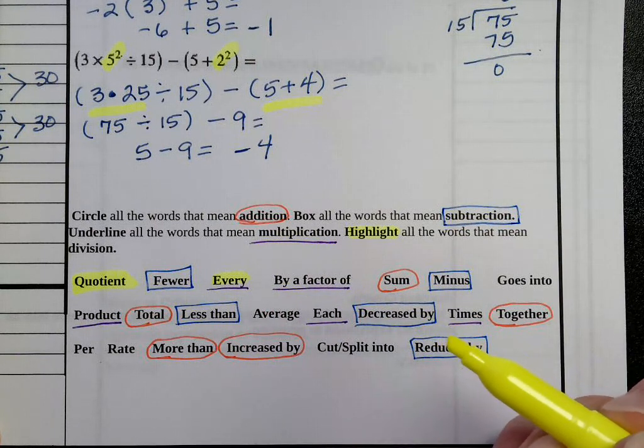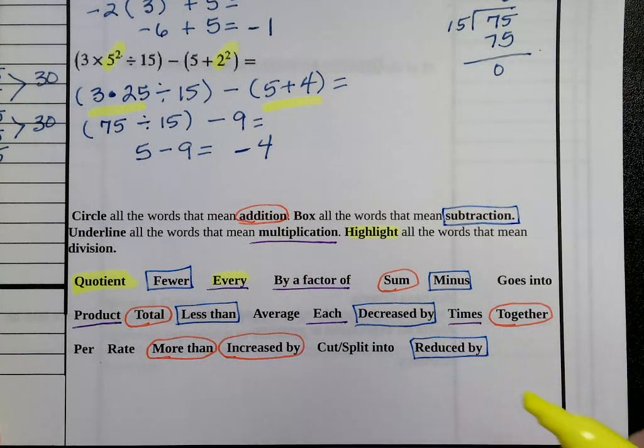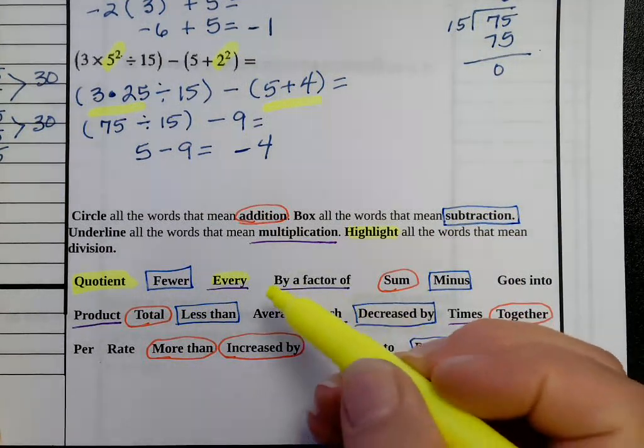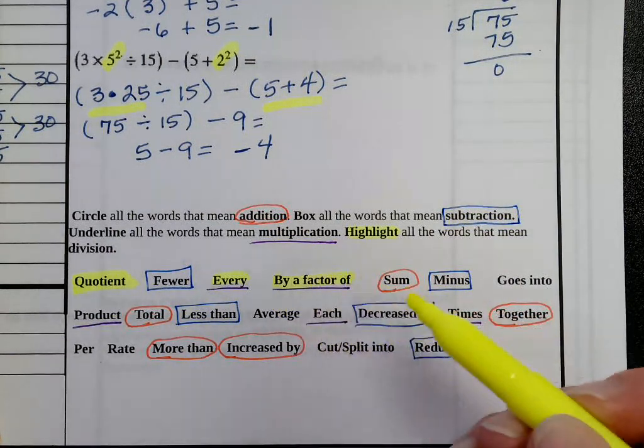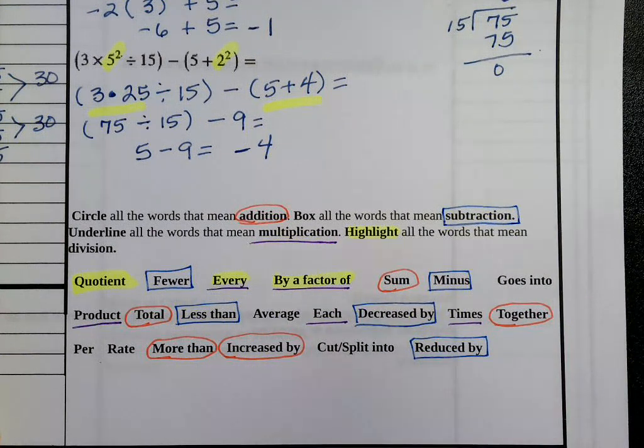For every 10 units, for every 100 classes, I need 10 people in each class. So that would be a division. By a factor of, okay, I'm going to divide 100 by a factor of 5.